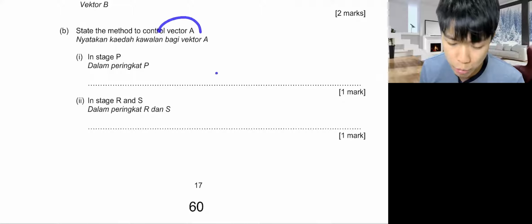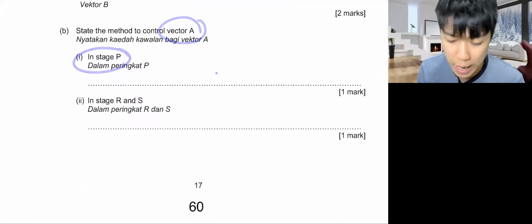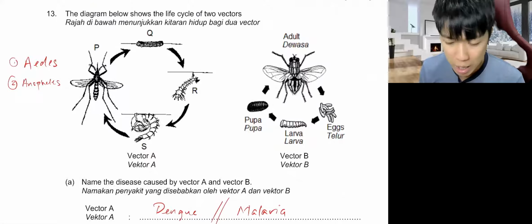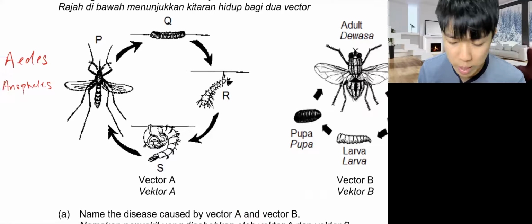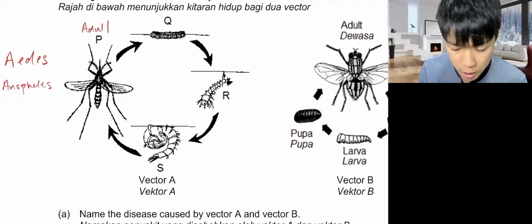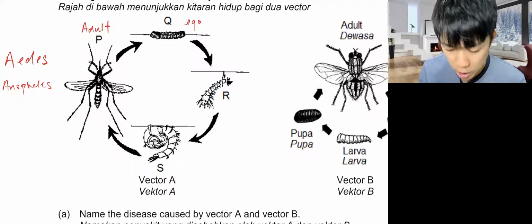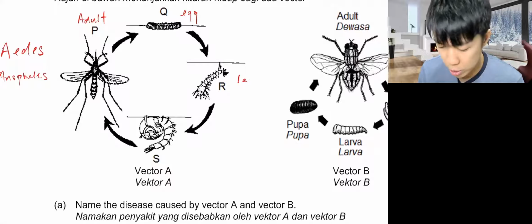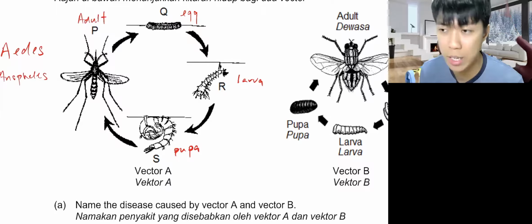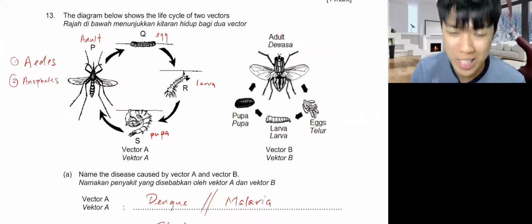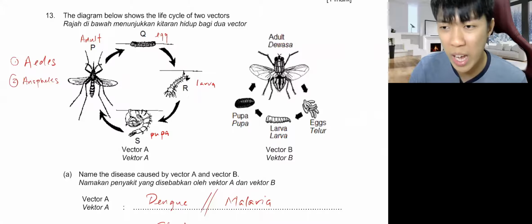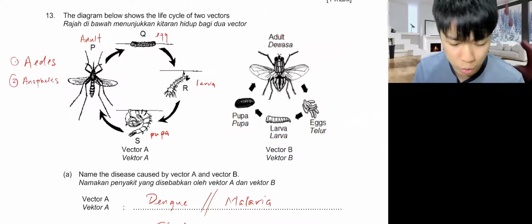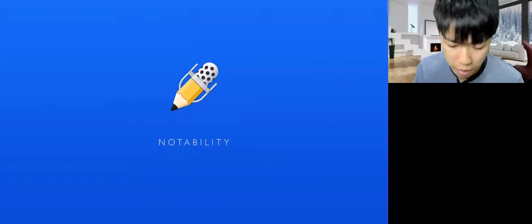How to control vector A at stage P? How to control A, mosquito, at stage P? Since we're here, do you remember? Adult stage, egg stage, larva stage, pupa stage. Okay, focus on the adult stage, how to settle. You don't say pour the water away, this and that. That's not a water issue anymore. The adult is flying around.